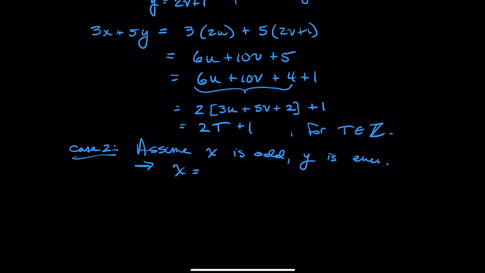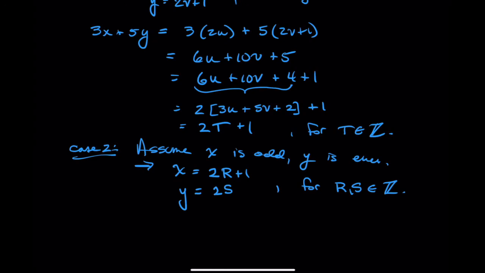That means that x can be written as 2 times r plus 1, and y can be written as 2 times capital S, for integers r and s.